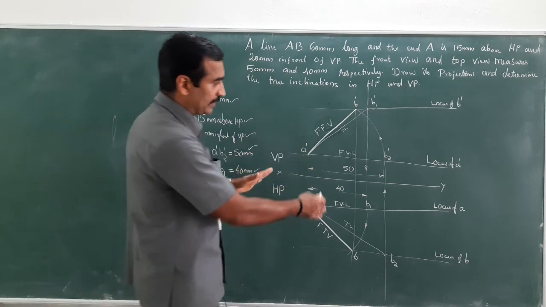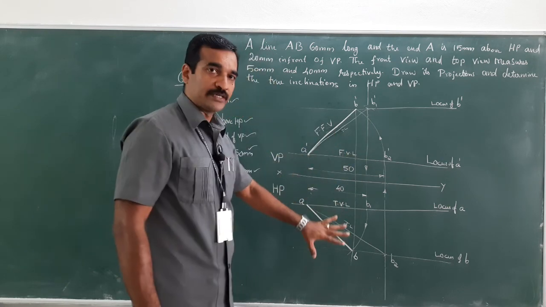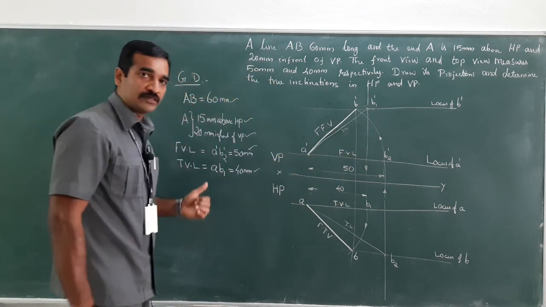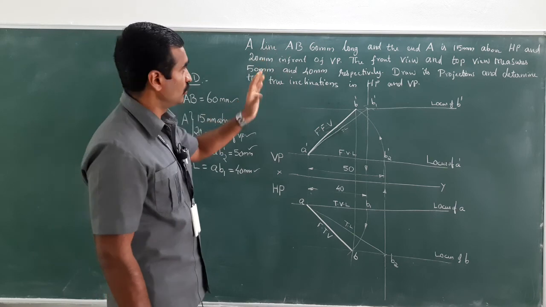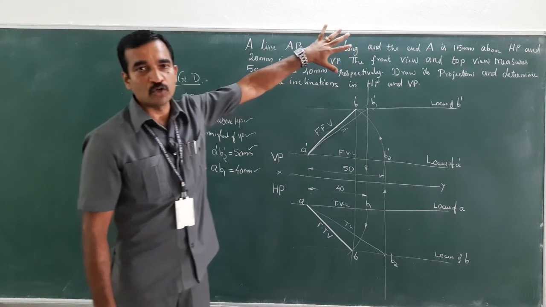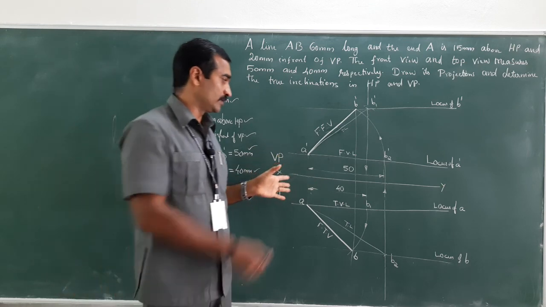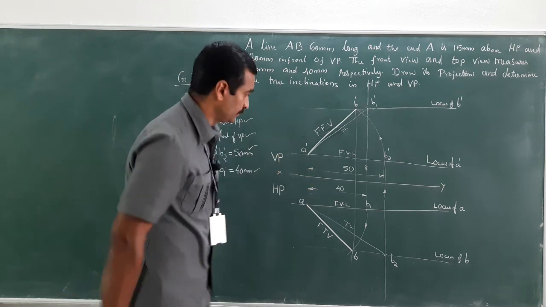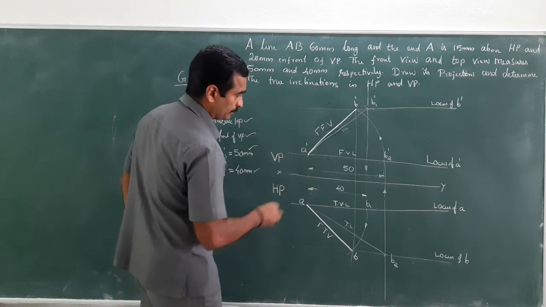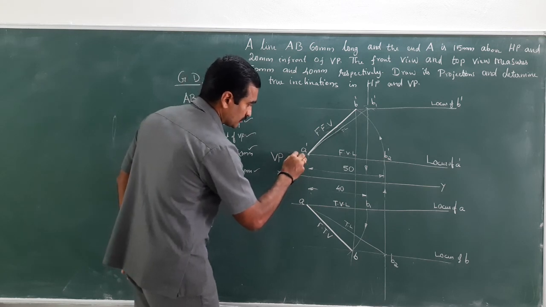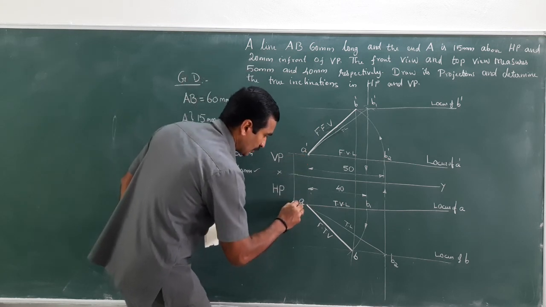Since I have completed all the views here, now I am left with the dimensions. Whatever dimensions are given in the question should be reflected on the drawing we have done here. So first thing, let me give the locus distance.